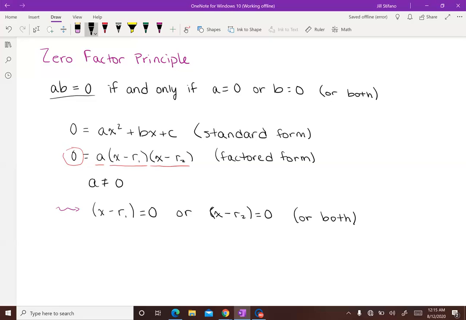If we solve the first one, x minus r1 equals 0, we know that this results in x equal to r1. Or in the second case, we have x minus r2 equals 0. We add r2 to both sides and get that x equals r2.